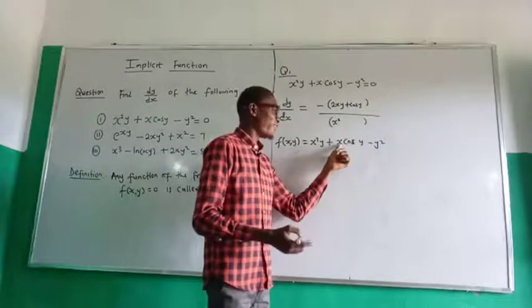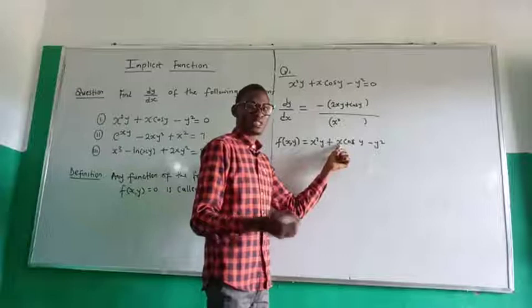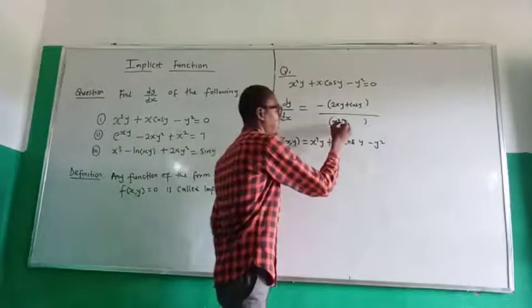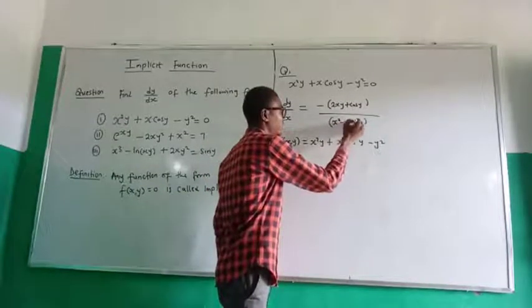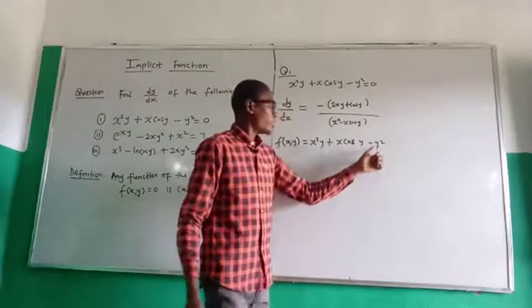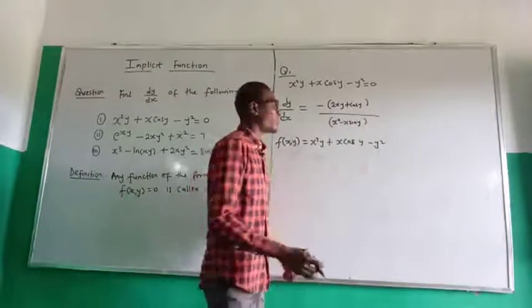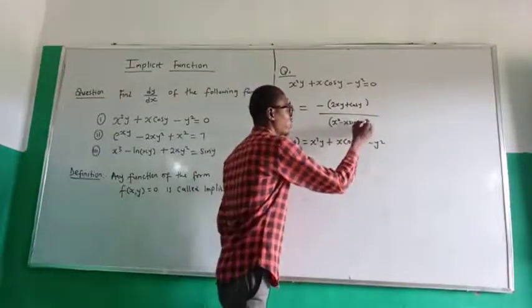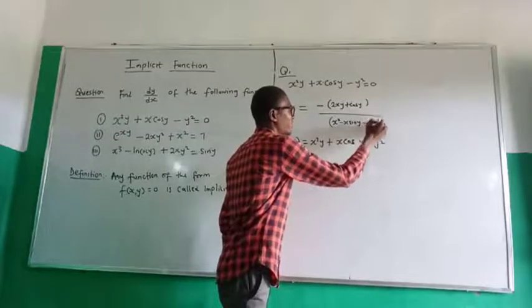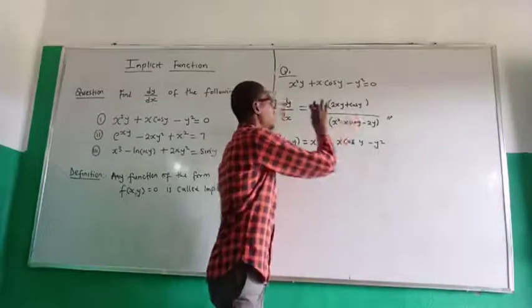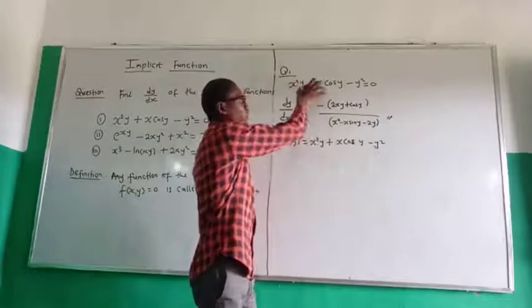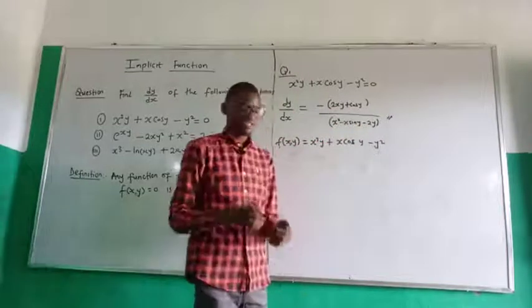But remember, you have x in this place, and that will give us minus x sin y. Okay, we have minus y squared. Differentiate minus y squared, you have minus 2y. So this is the derivative of this.